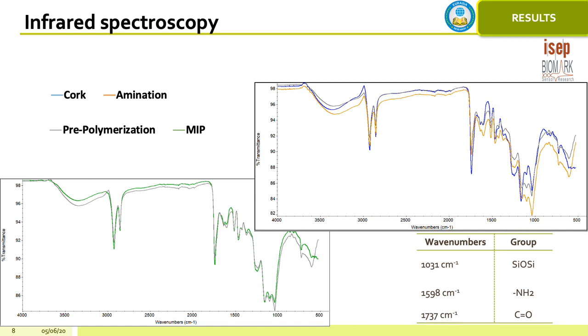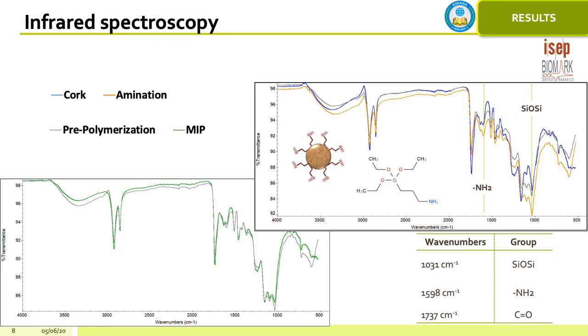Infrared spectroscopy was also used to evaluate the chemical modification on cork. For amination of the cork, an amine silane was used. The IR spectrum on your right showed that the peaks located at these wave numbers are more evident after the modification of cork with amine silane.